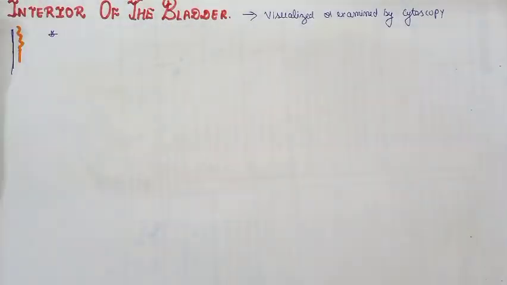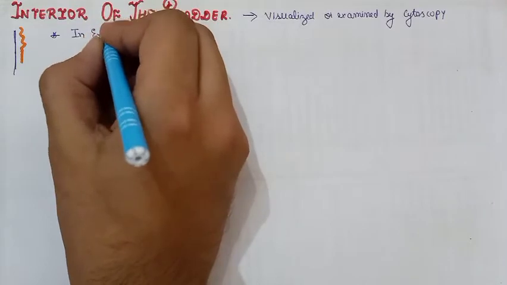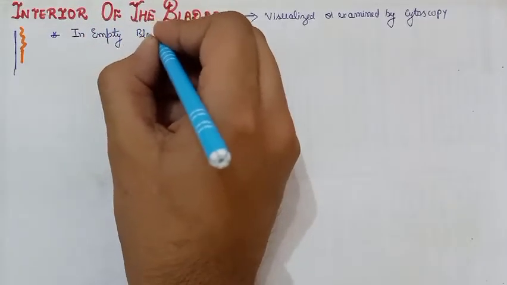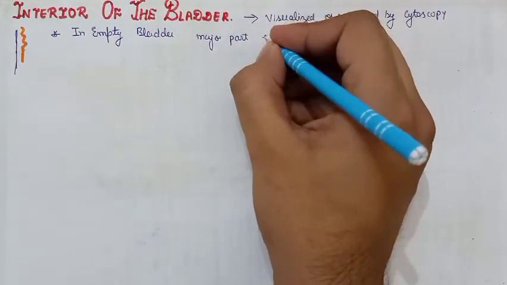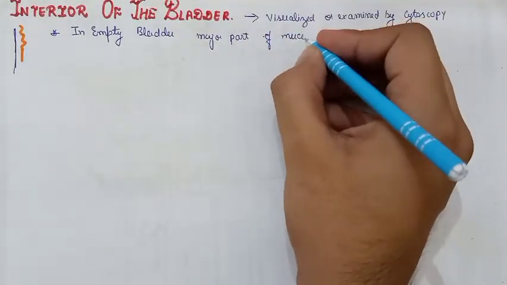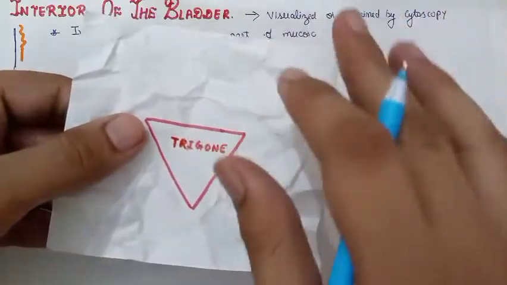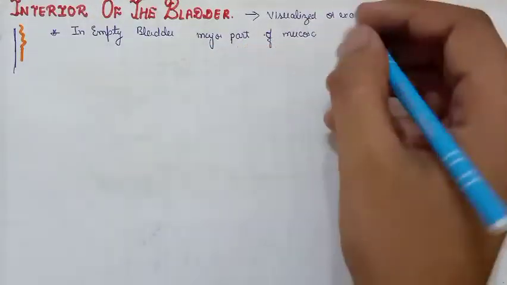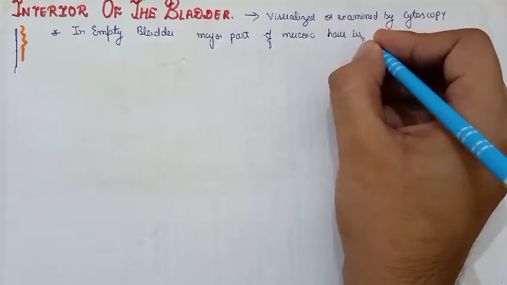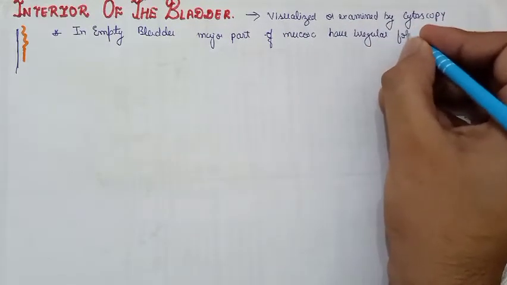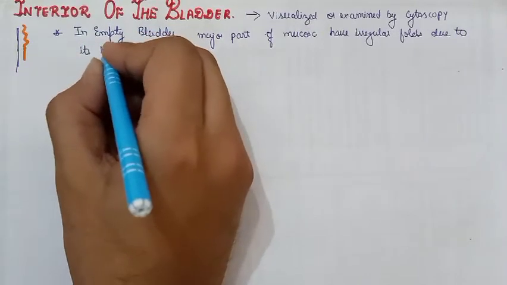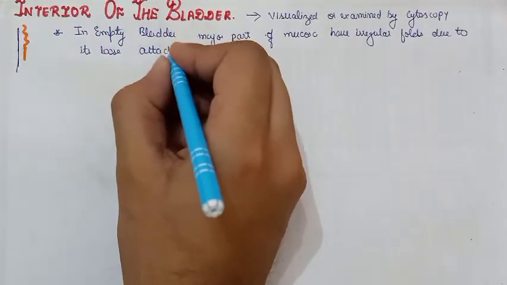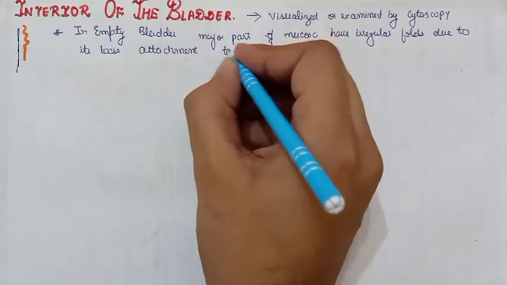In the empty bladder, the major part of the mucosa shows irregular folds, like this, due to its loose attachment to the muscular coat.